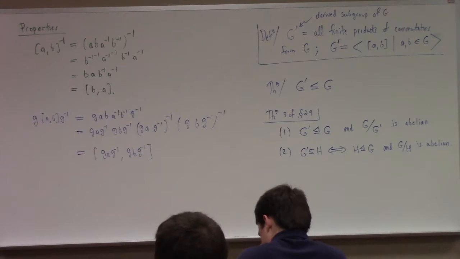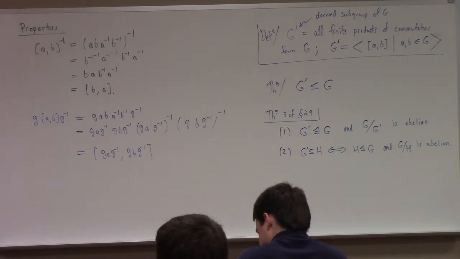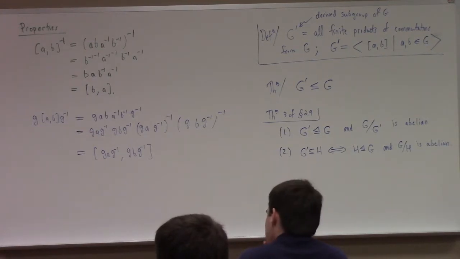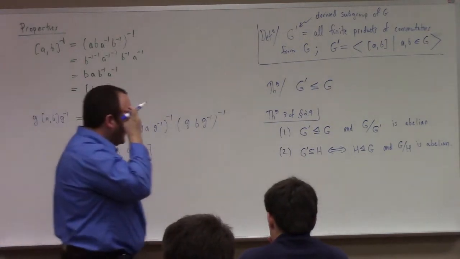I just want to try to appreciate what this is saying. So how are we forming this derived subgroup? We're taking all possible commutators, right? And what is the idea of the commutator? It is basically quantifying what it means for these cosets to commute. So you mod by that.